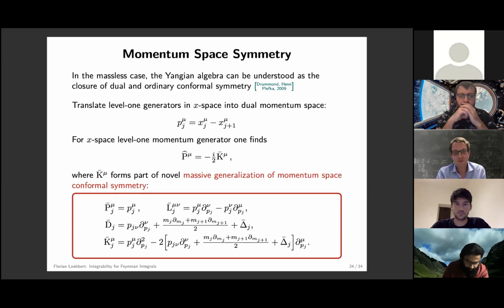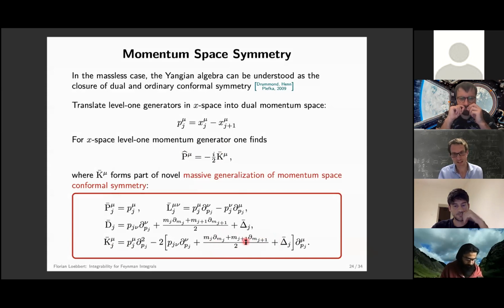So what we did is to take this massive level 1 momentum generator and translate it from these x-space variables to the momenta defined via this equation. And we find that the level 1 momentum generator can be translated into this K-bar, which actually forms part of this momentum space representation of conformal symmetry. And the novel feature here is that it includes a contribution that acts on the masses in this slightly non-local fashion.